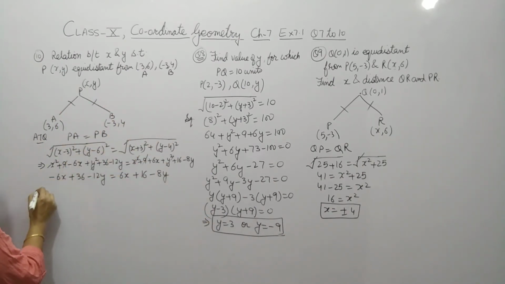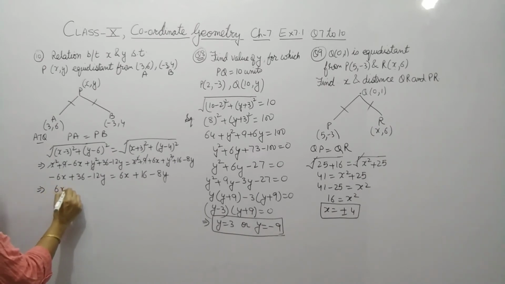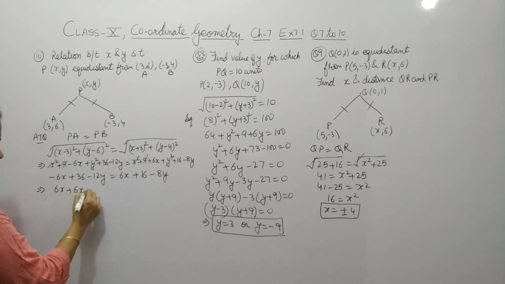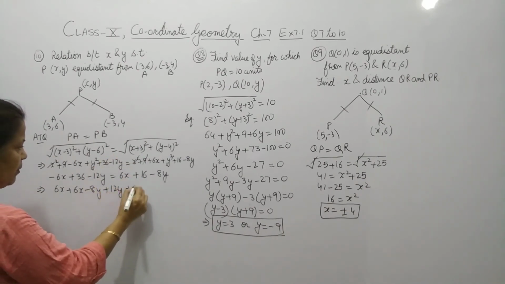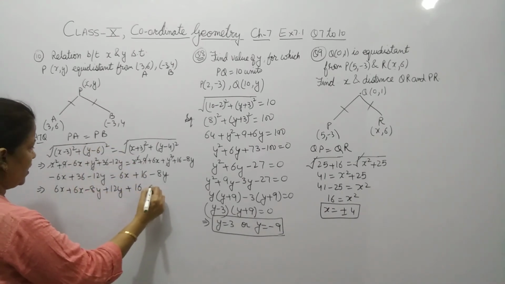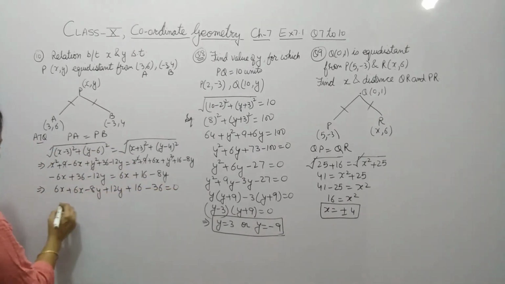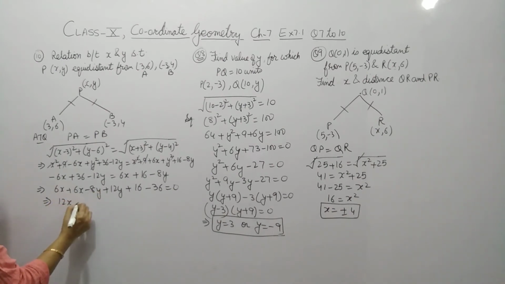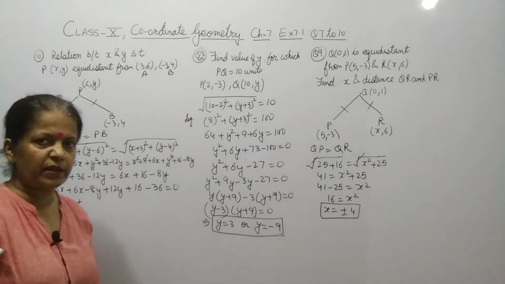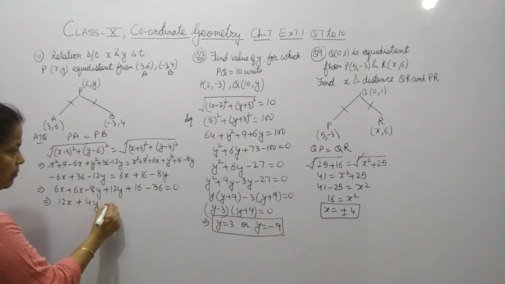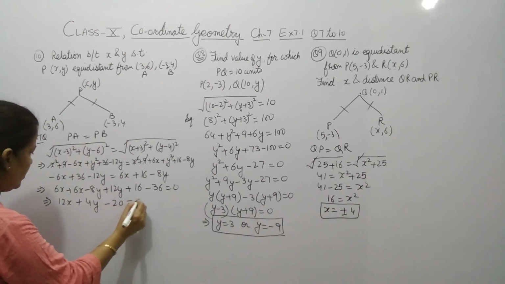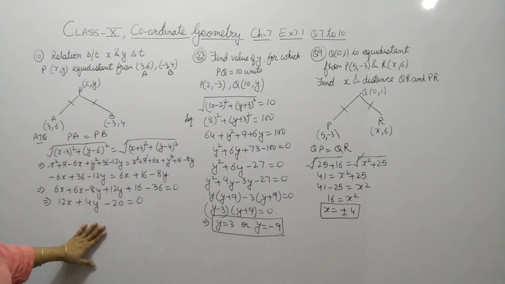Shift this over here, so it will become 6x plus 6x, which is 12x, minus 18y, and this also shifted, 12y plus 16 and minus 36 equal 0. Now minus 8y plus 12y, this is 4y minus 20 equal 0. This you will get.